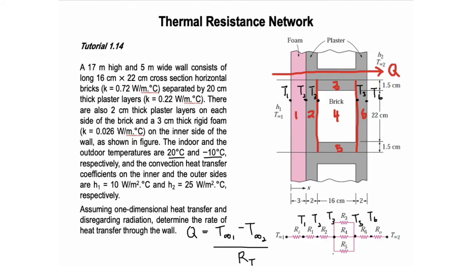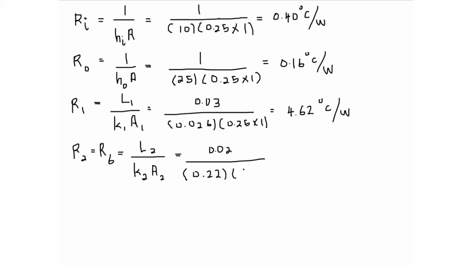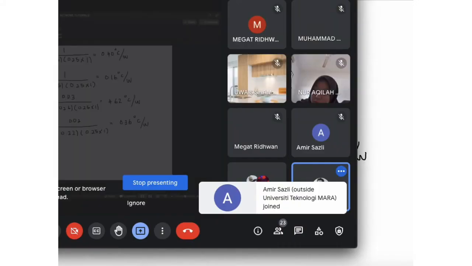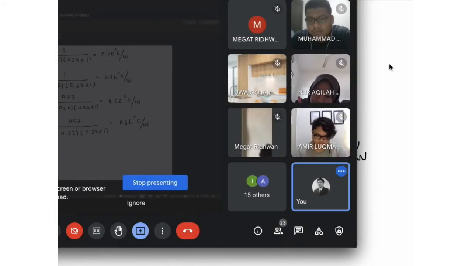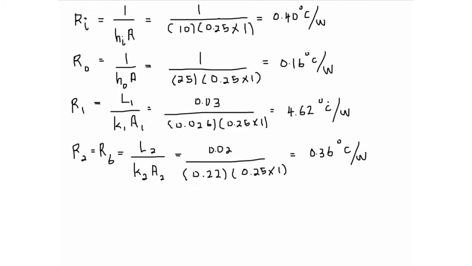And the area same, 0.25. This one you're gonna get 0.36.